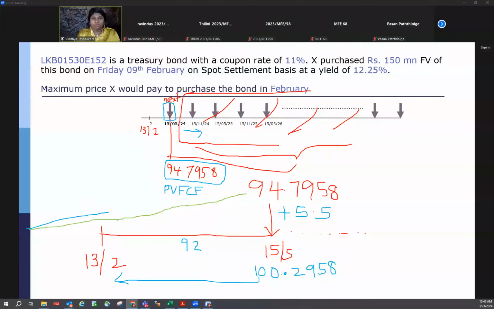That's the formula you need to use. In terms of the question that was asked, this 94.7958 gets discounted too much, and only then you're adding that accrued interest, which is why that's not correct. You have to discount it for 92 days.